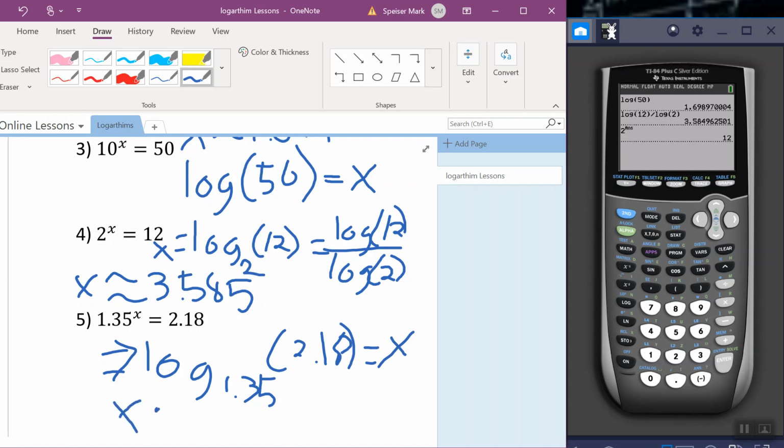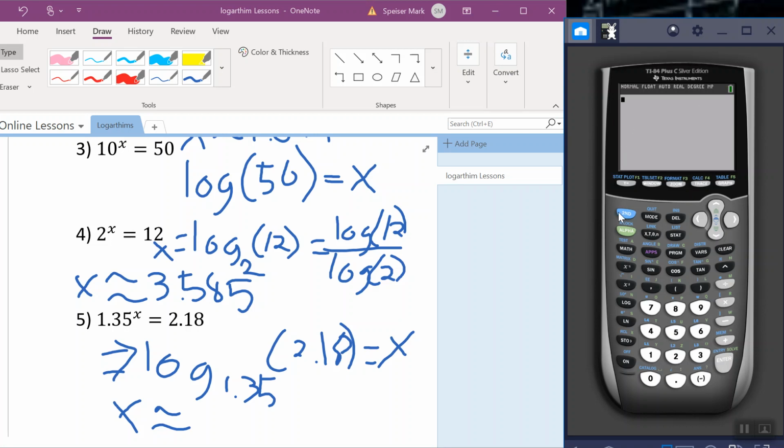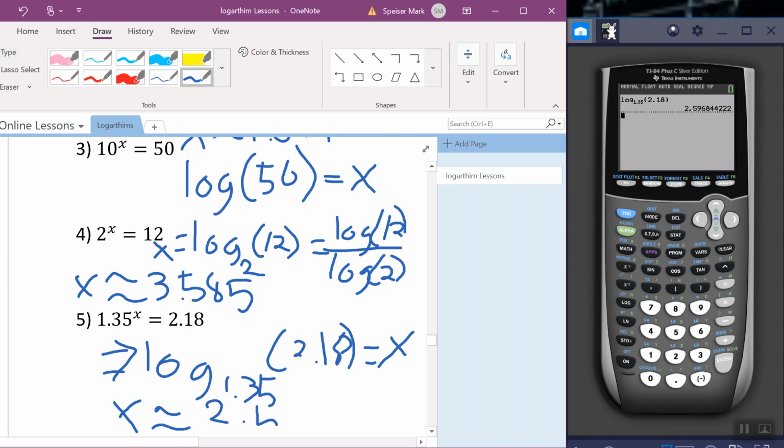So x is approximately, so we have alpha, window, option 5, log of base 1.35, and we put 2.18 in parentheses, hit enter, and we get a value of 2.967 approximately. So x is approximately 2.967. Okay, on to cases a bit more challenging.